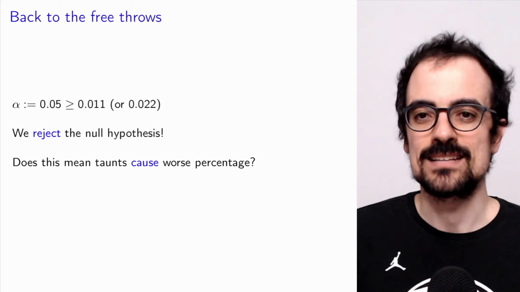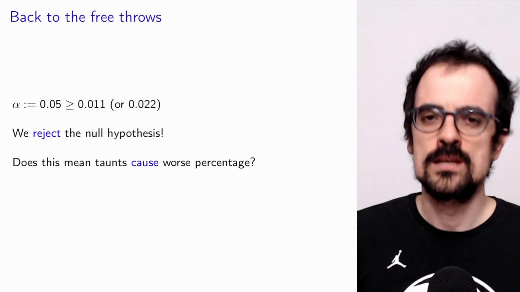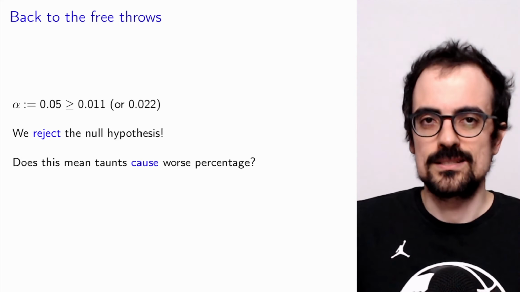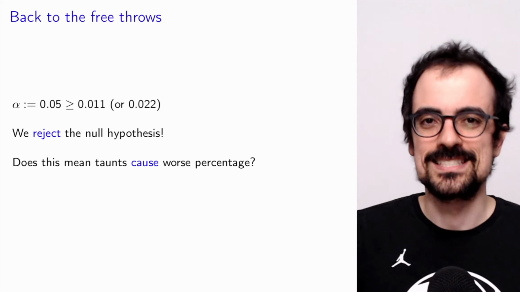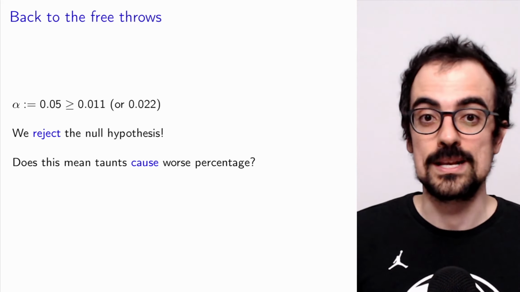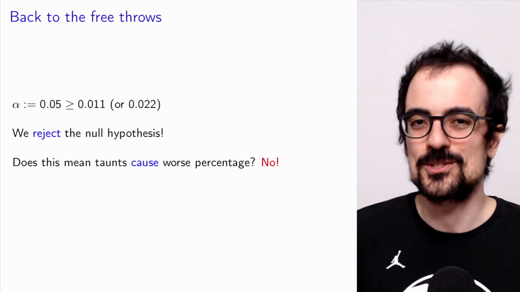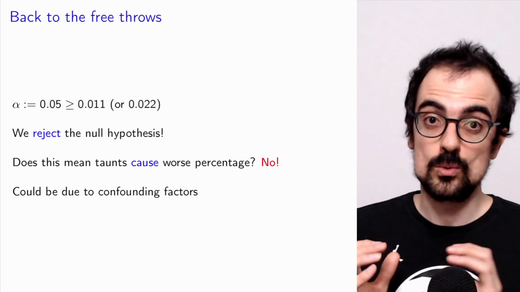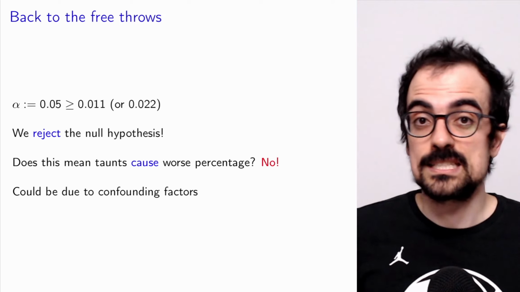Does this mean that the fans yelling at Antetokounmpo, taunting him 1, 2, 3, cause his percentage to be worse? Should these fans conclude that they need to keep doing this so that his percentage is lower when he plays in their stadiums? No, we cannot conclude that, because this, like the difference between his free throw percentage away and at home, could be due to confounding factors such as fatigue.